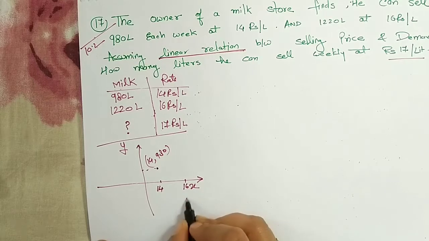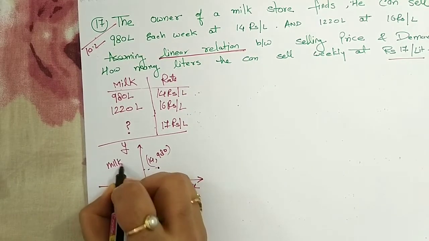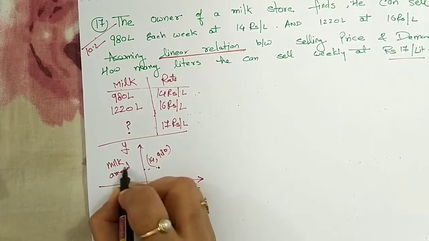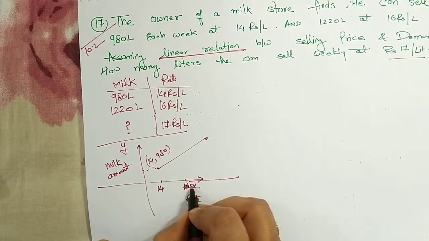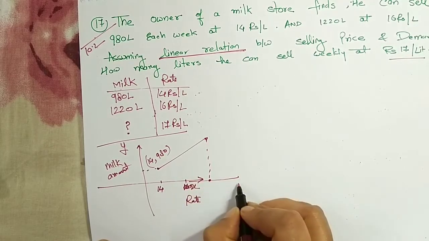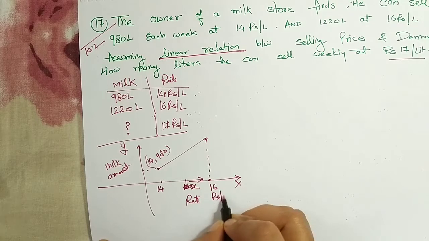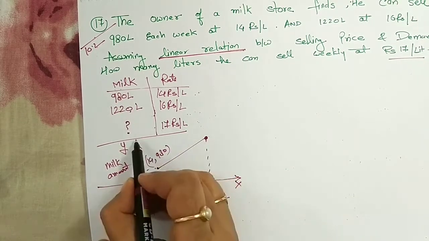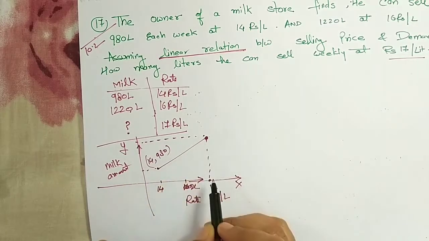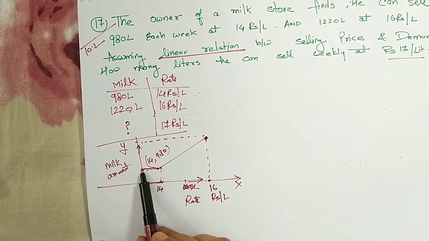This I am showing on the xy axis. X I am taking as rate, and y I am taking as milk amount, meaning how much he is able to sell. In the second case, suppose here is 16 rate on the x-axis, 16 rupees per liter. So how much is he able to sell? More on the y-axis, this much. Understood? At 14 rupees he is able to sell this much.